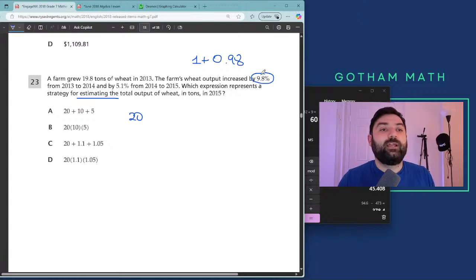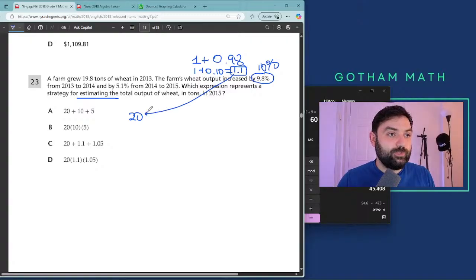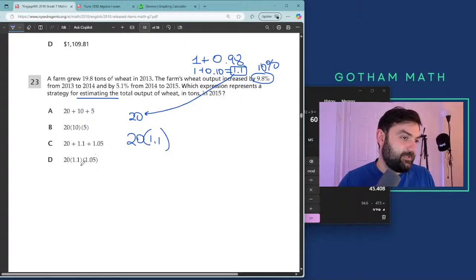So we're probably going to use 10%, right? So we add 0.10 to a 1, so 1 plus 0.10, which is 1.1. And that's what we multiply to our original 20 to make it go up by 10%. So it's going to be 20 times 1.1, and then something will happen. Well, obviously, the answer is going to be D, right?